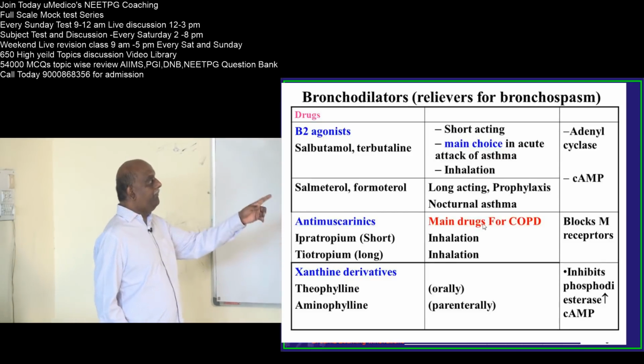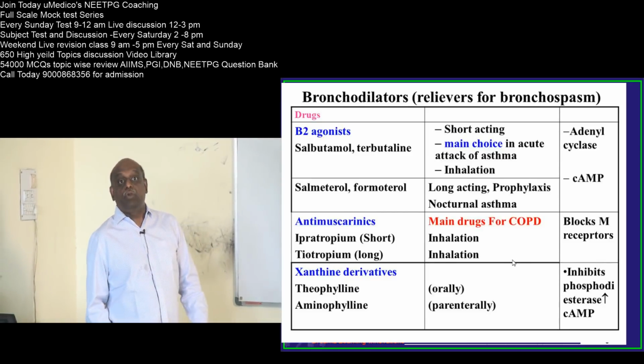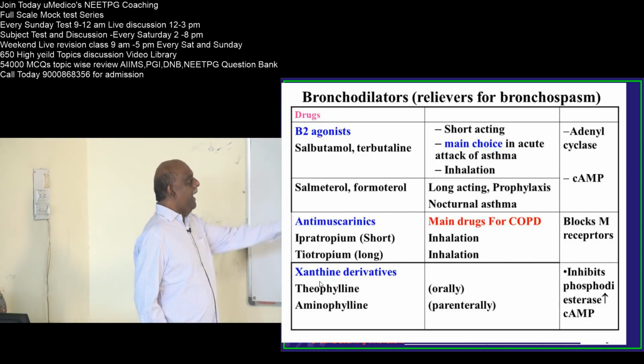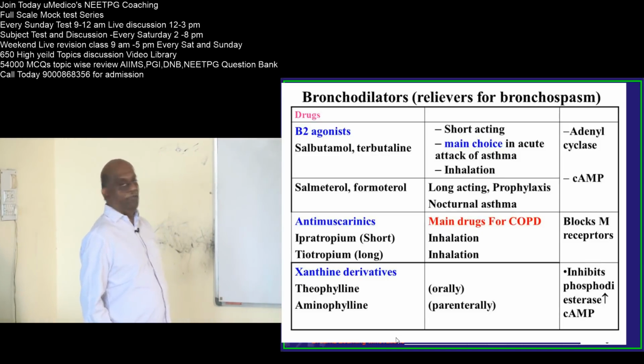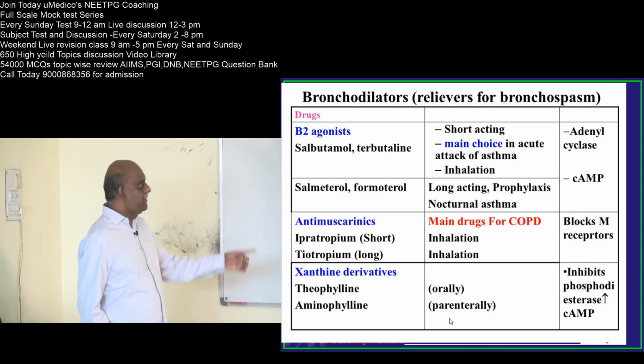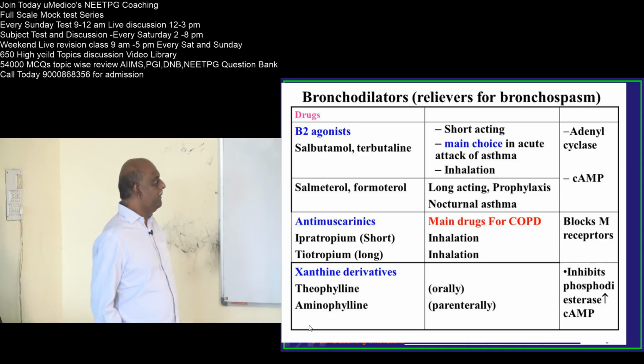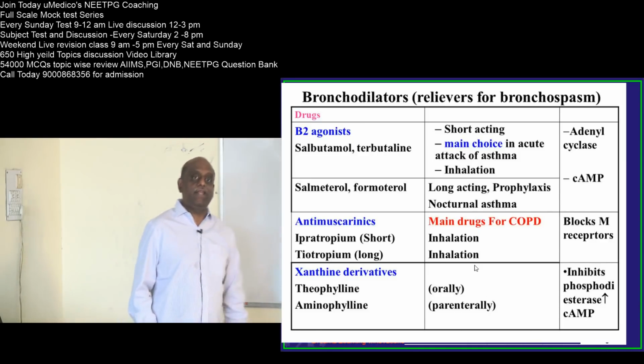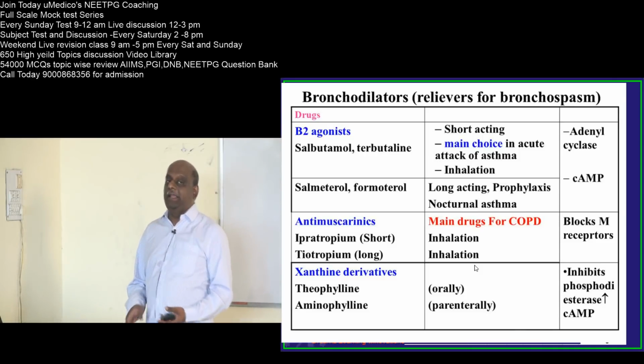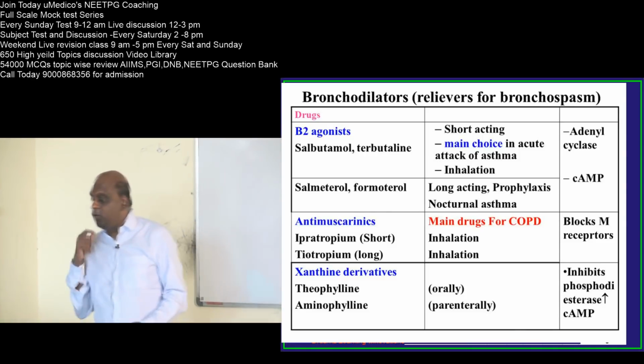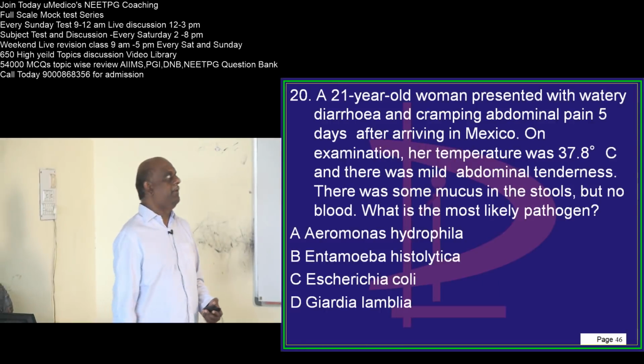And ipratropium mainly for COPD, and it blocks M receptors. And theophylline, aminophylline, if you take, theophylline is deriphyllin orally and aminophylline parenterally, they inhibit the phosphodiesterase and increase the cyclic AMP. This is what you have to emphatically remember for the exam.